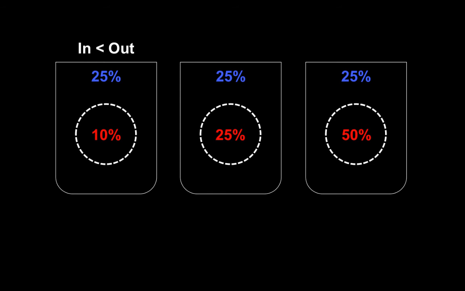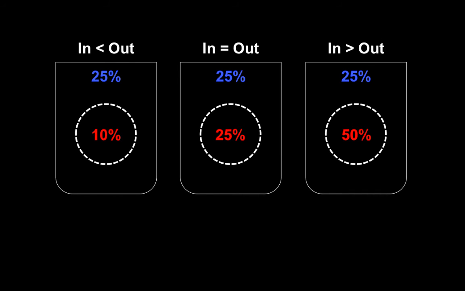So let's look at 3 scenarios. In all 3 of these beakers, I have a 25% solute solution. In the first cell, I have 10%, and then 25%, and then 50%. So the first thing is, where is there more salt? Well, there's more salt outside, they're the same, and then there's more salt inside.